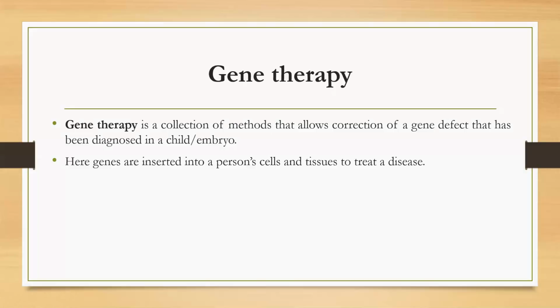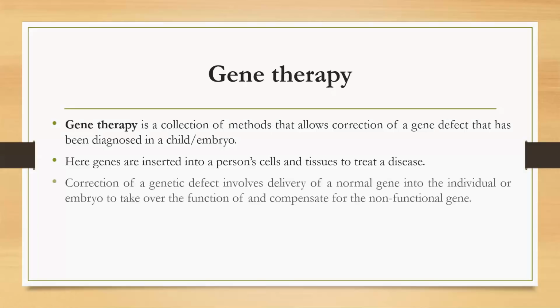The most common term is gene disorder. Sometimes we can use the term gene disease. No problem. Okay. So now the correction of genetic defect involves delivery of a normal gene into the individual or embryo to take over the function of and compensate for the non-functional gene.